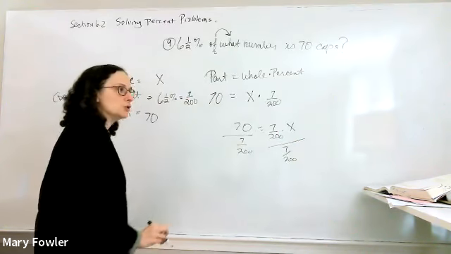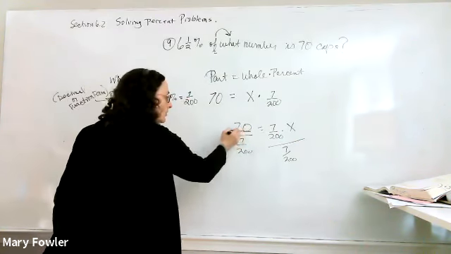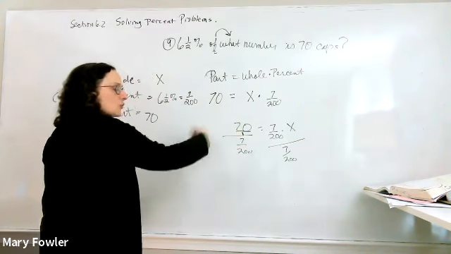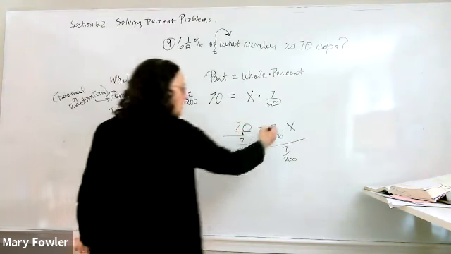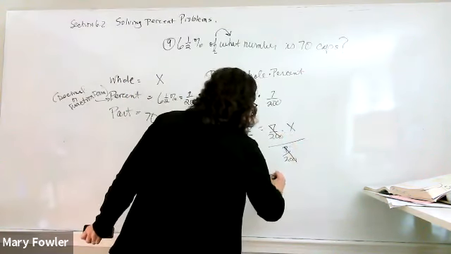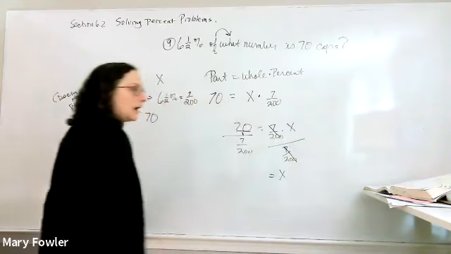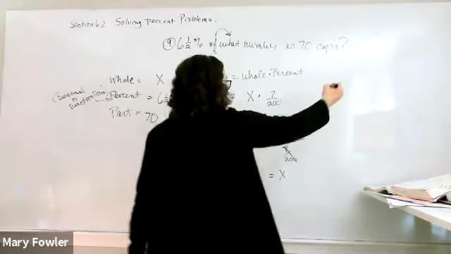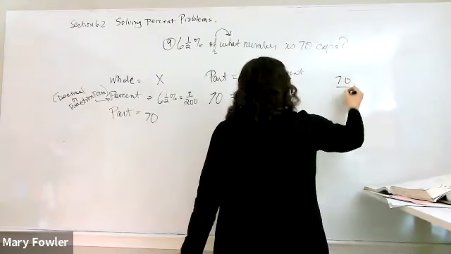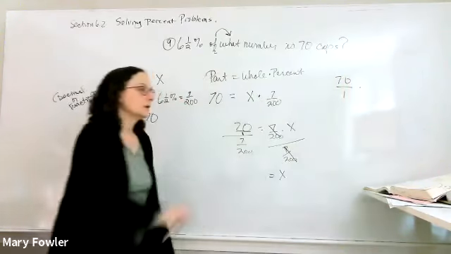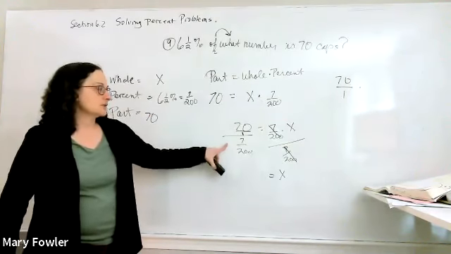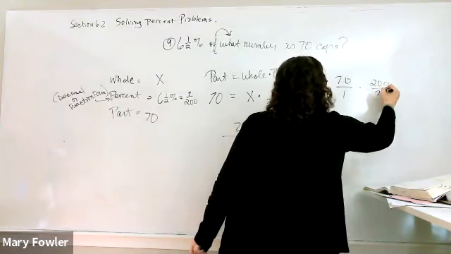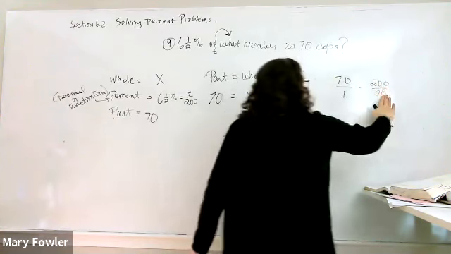So I want to express the numerator and denominator as a fraction on the left-hand side, so we can do our fraction division there. And then on the right-hand side, it all cleans up, so we have X isolated, and now on this piece, we'll take the arithmetic over here, 70/1 times the reciprocal, 200/70. 200/7.